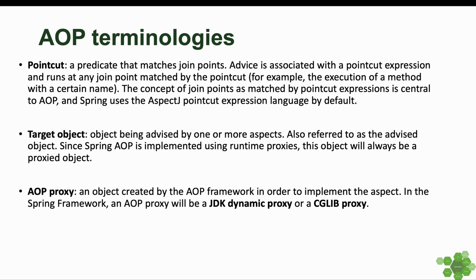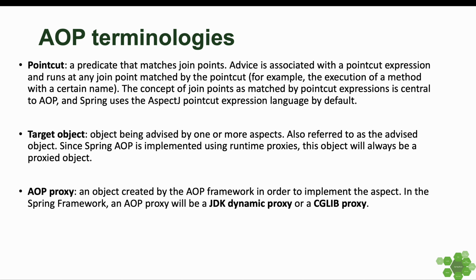The object where that method resides becomes our target object, because we want to intercept the execution of that method. This object is also called an advised object. Since Spring AOP is implemented using runtime proxies, this object will always be a proxied object.